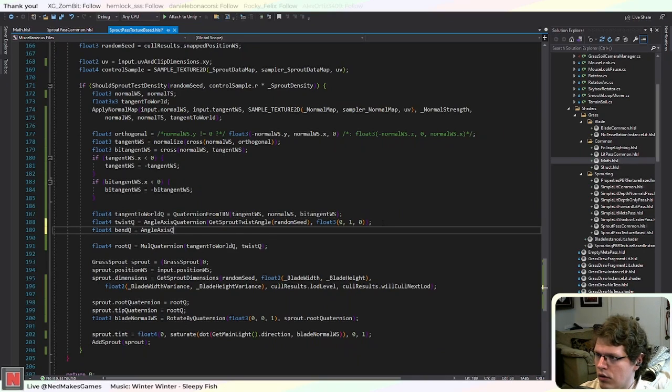Angle axis quaternion, get sprout bend angle seed, and then okay, we'll just say the maximum bend angle is pi divided by 4 for now.